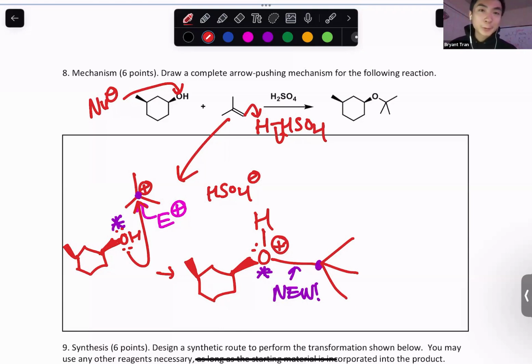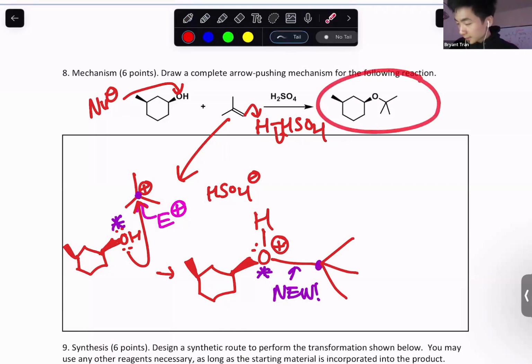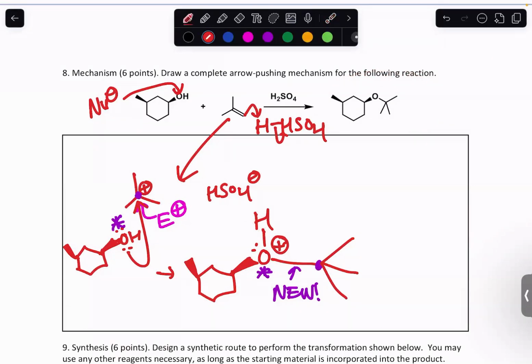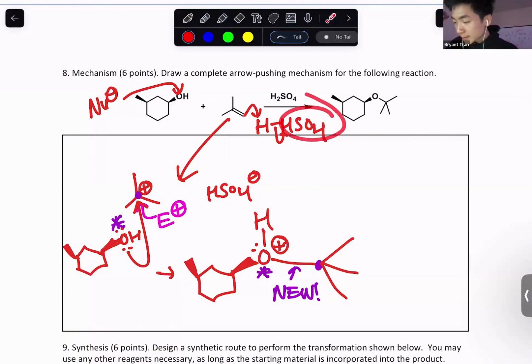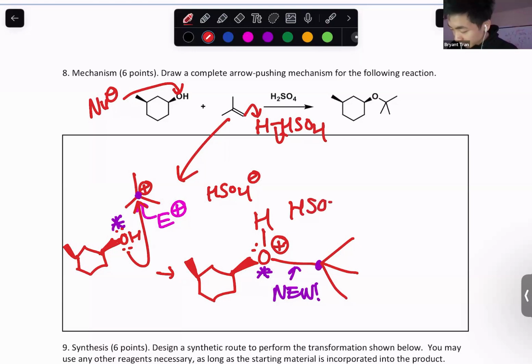Now, we want to get rid of that positive charge to make it neutral, right? And we see here in the product that that oxygen does not have a positive charge and does not have this hydrogen here. So what do you guys think is going to happen in the last step of this mechanism? Remove H plus. Yes, remove H plus, deprotonate the oxygen using the HSO4 minus conjugate base that we formed in the beginning, right?